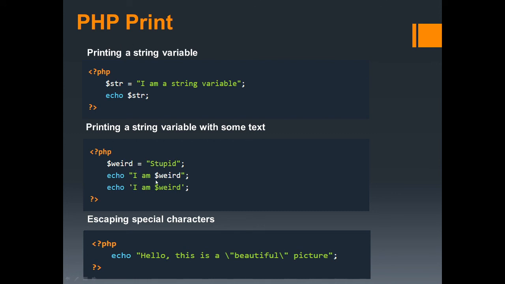You are weird. The result is: I am stupid. I am stupid. Escaping special characters. So the escape is: hello, this is a beautiful, and you insert it with two characters.